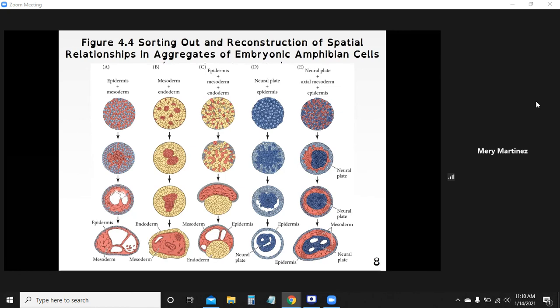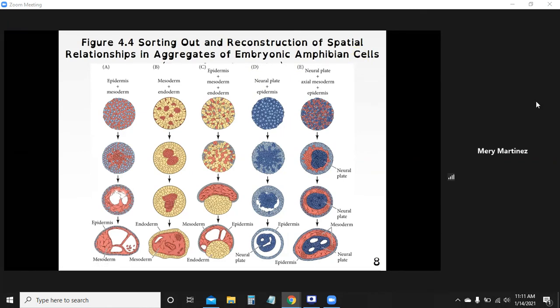In this other figure, we have a little bit more. We now have the three germ layers: ectoderm, mesoderm, and endoderm. When they combined groups of cells that normally belong to each of the different parts of the embryo, they found that cells sorted out to their appropriate regions, reflecting their proper embryonic position. These experiments were made with amphibian cells from the three germ layers.